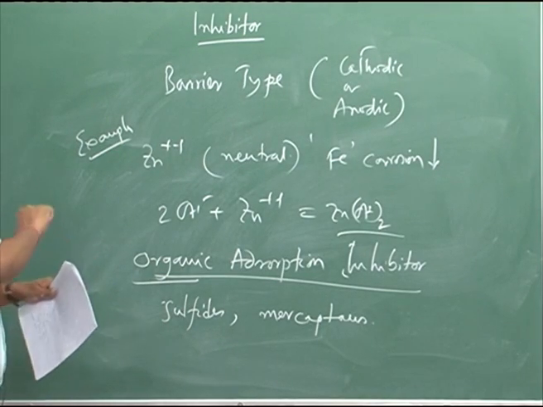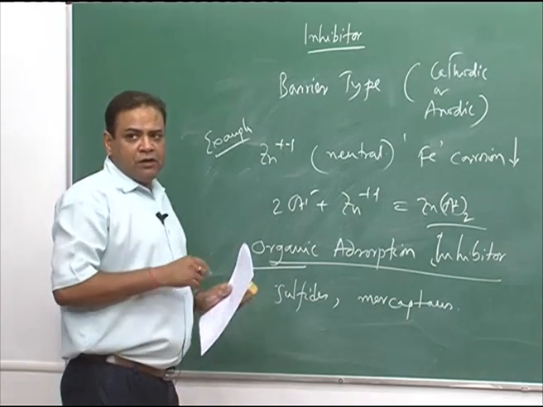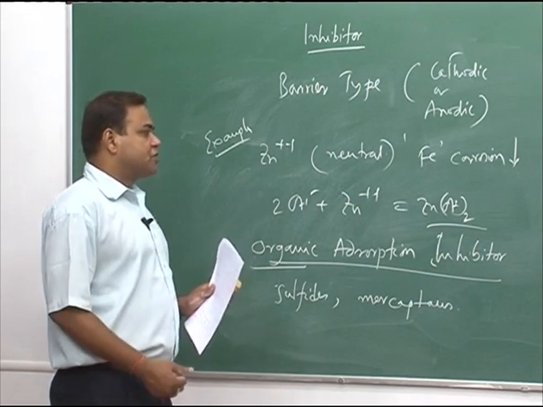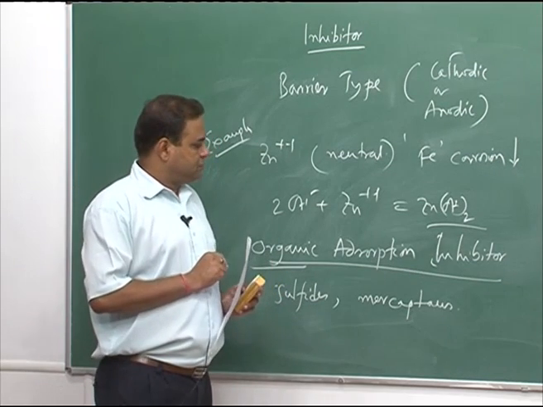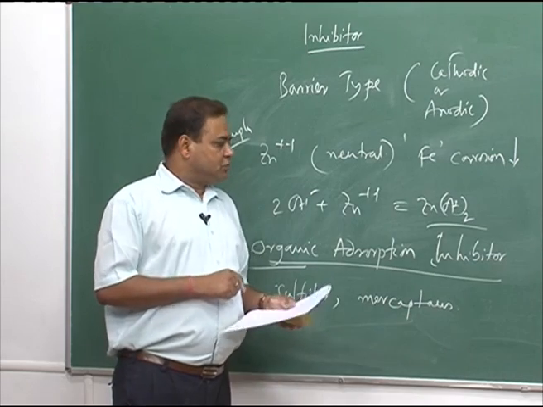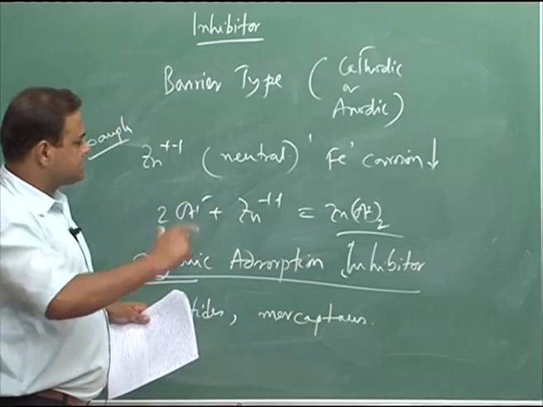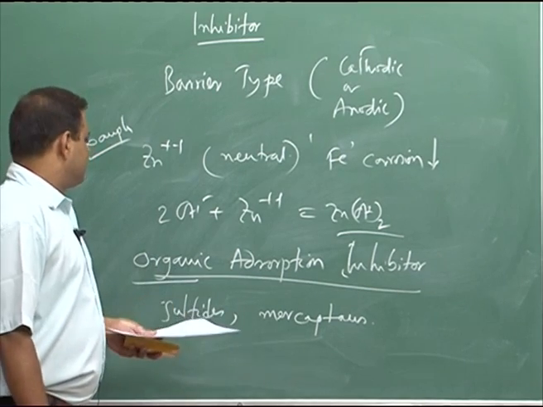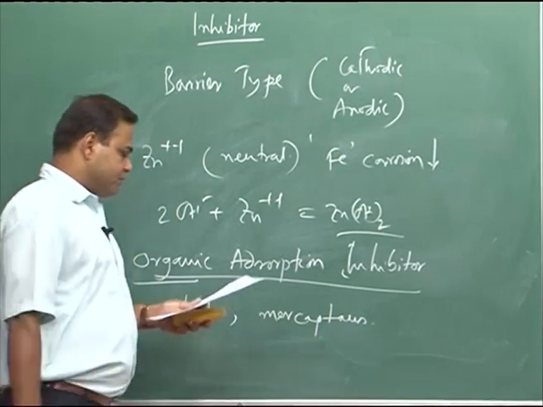What they do, they form an oily layer on the surface, and once we have the oily layer, this can prevent adsorption of hydrogen on the metal surface, or it can prevent the solvation of metal ion. So, if we prevent any of the steps which are needed for corrosion, we can prevent the corrosion.